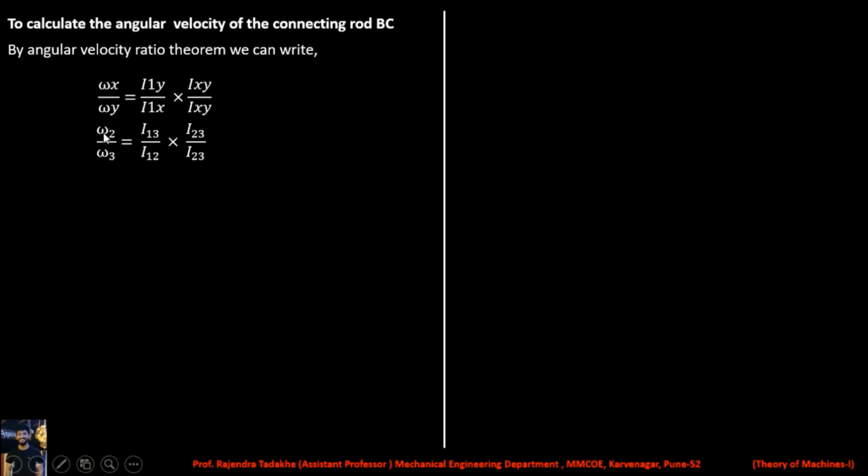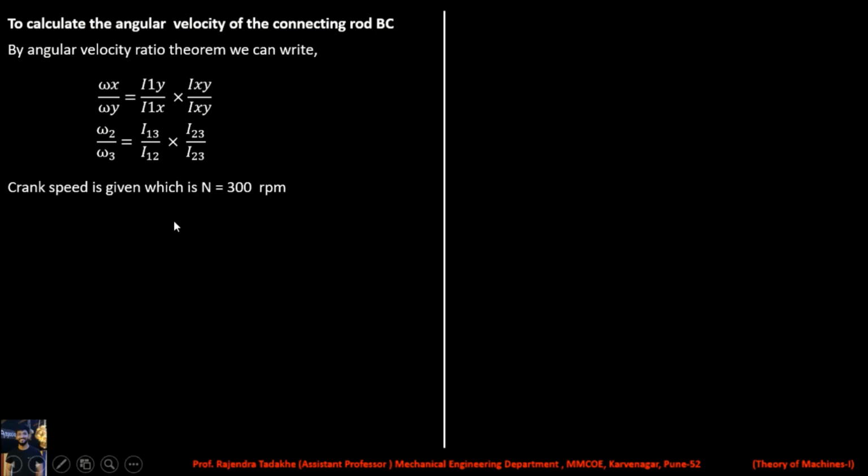Here omega 2 stands for the angular velocity of crank and omega 3 stands for the angular velocity of the connecting rod, which we have to find. So here y is 3, so I13, x is 2, so I12, into I23 upon I23.